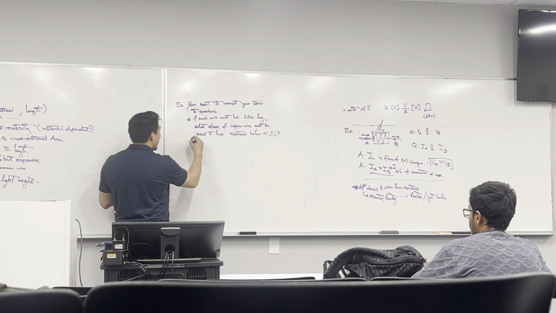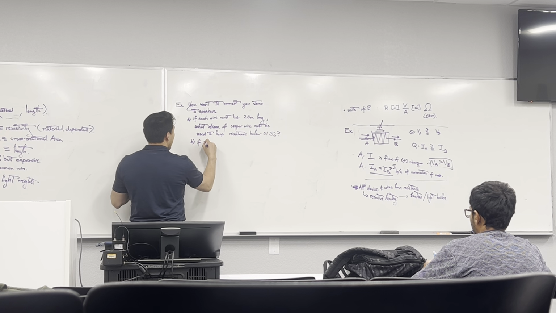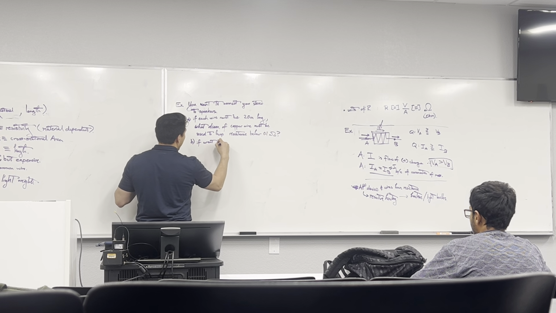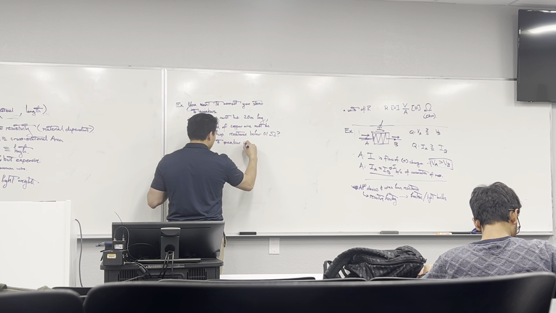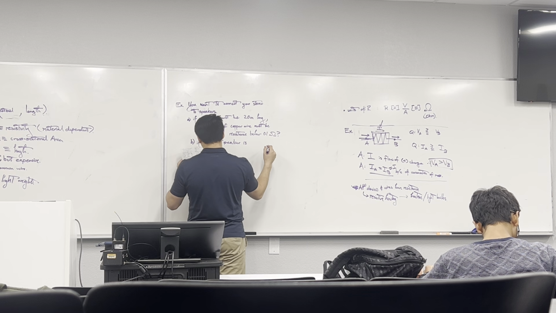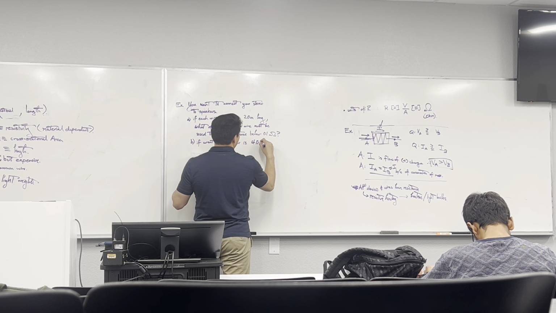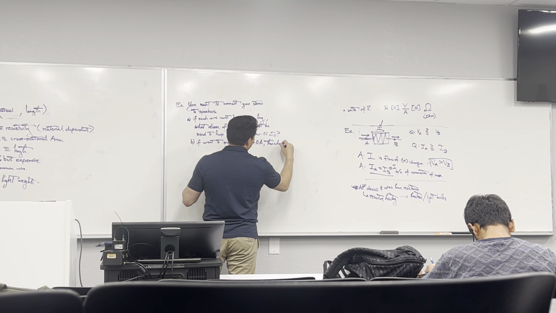B, if the current to the speaker is 4.0 amps, then what is delta V?